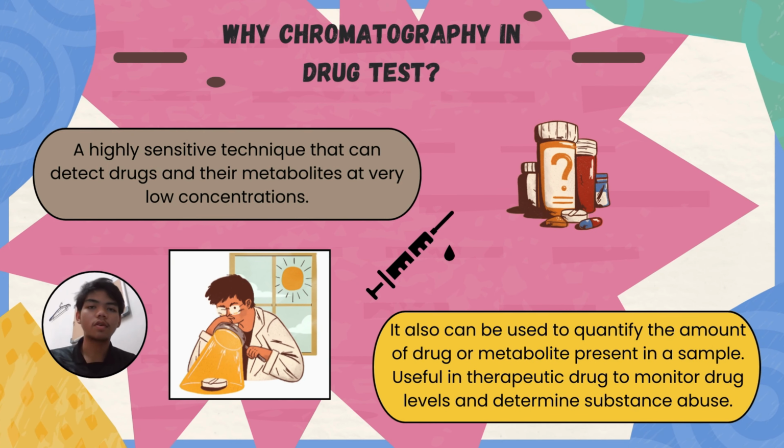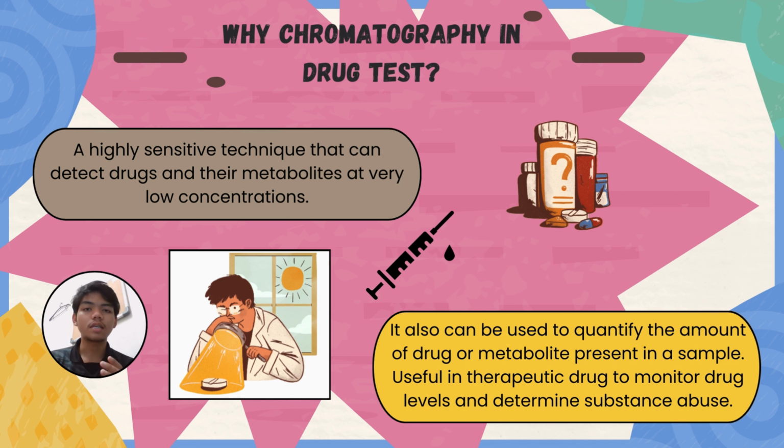On the previous slide, I explained the definition of the chromatography technique. So why can we apply this technique to drug testing? Firstly, it is highly sensitive and can detect drugs and their metabolites at very low concentrations. Additionally, this technique can identify specific drugs, which is essential for forensic analysis and drug testing applications.